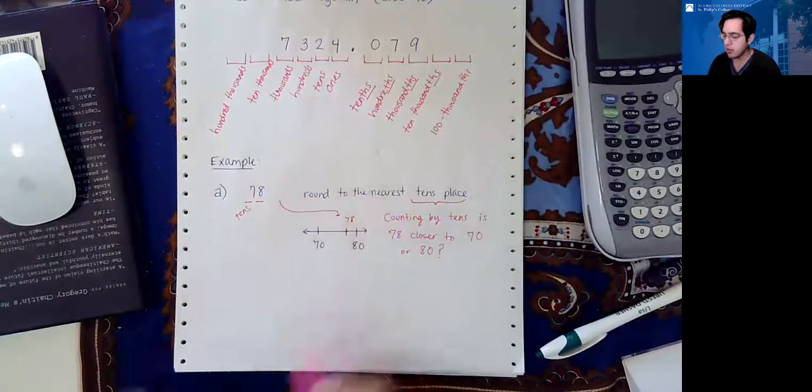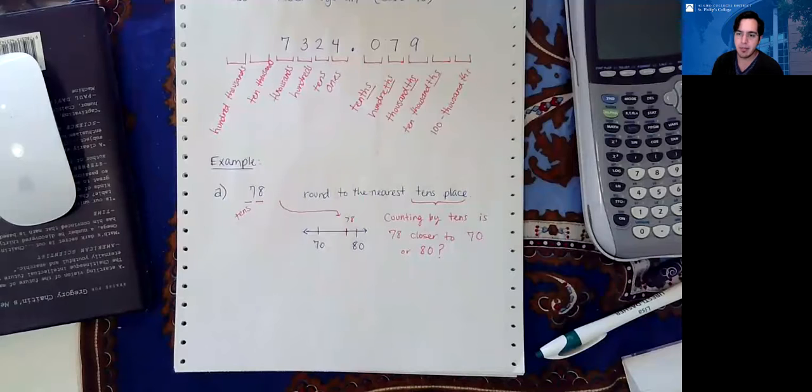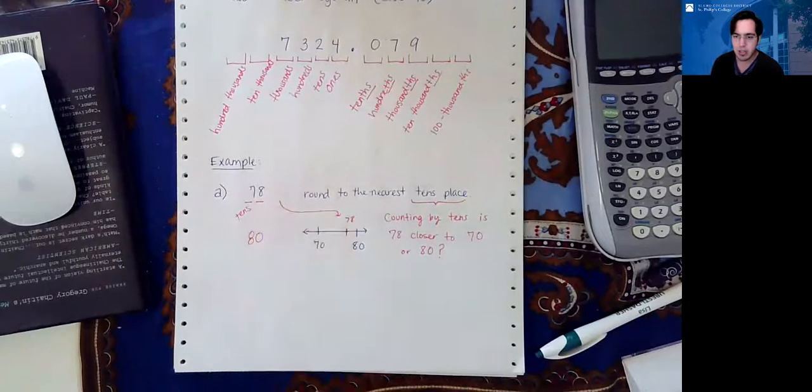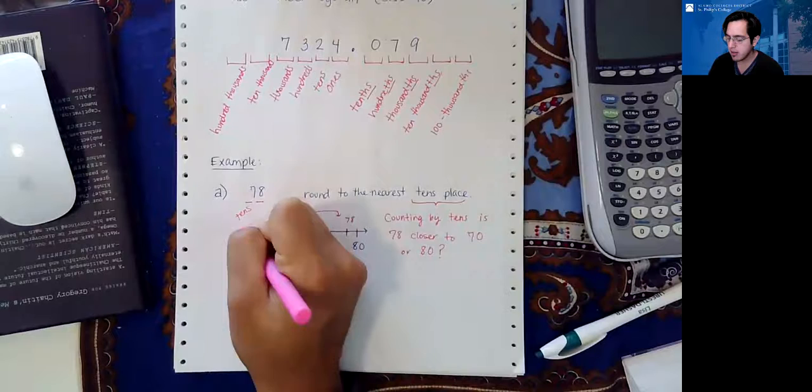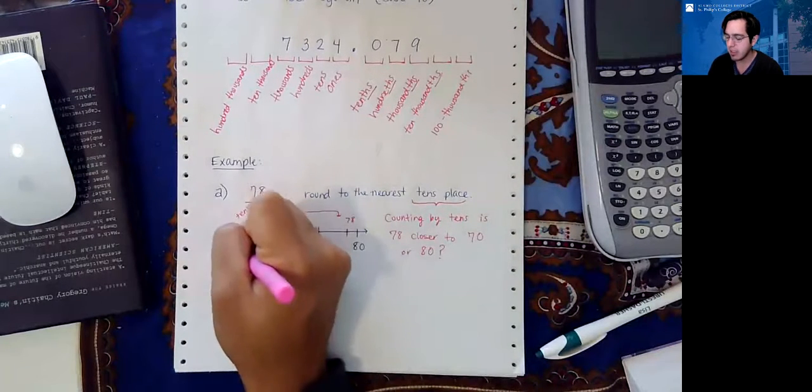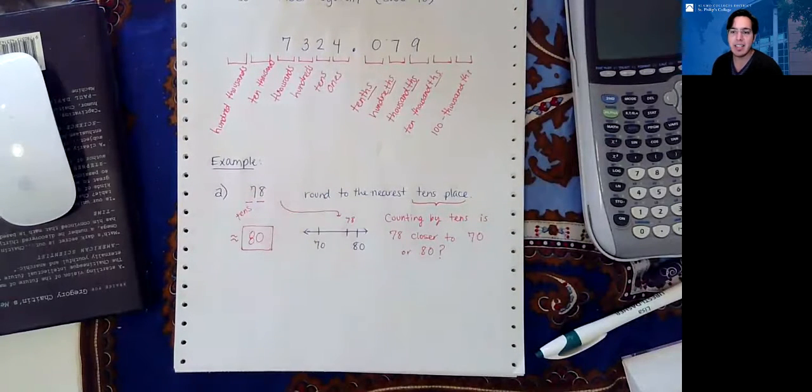Is that closer to 70 or is it closer to 80? I'll say 80. Yeah, it should be closer to 80. So we'll say that our answer is approximately 80, right? 78 is closer to 80 than it is to 70.